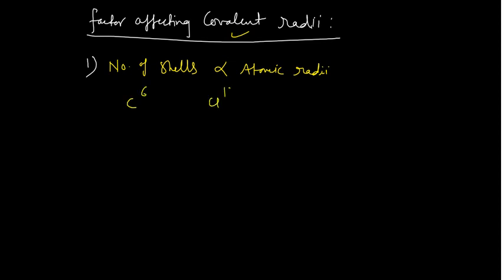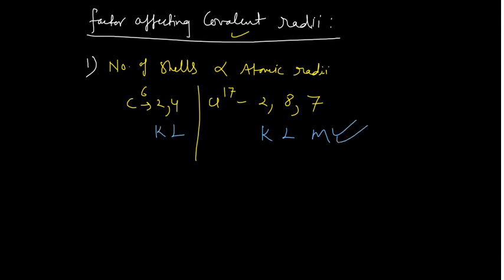Chlorine is 17, so you can write 2, 8 and 7 electronic configuration, and for carbon you will write 2 and 4. Okay? These are the different species. So here, this is your K shell, this is your L shell, this is your M shell. Okay, and for carbon this is your K shell, L shell. So here number of shells are larger, right? So the chlorine should have the higher covalent radii or the atomic radii compared to the carbon.